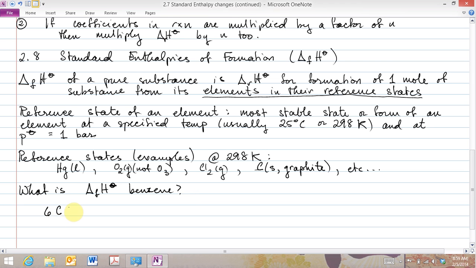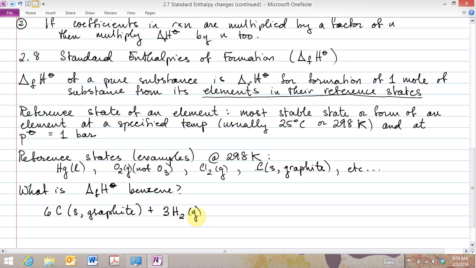So we have 6 carbon atoms, and we have 6 hydrogen atoms.